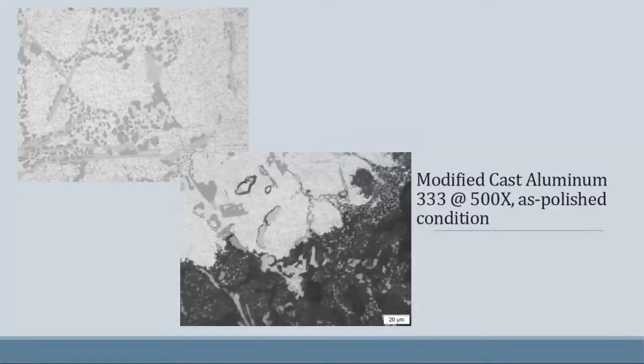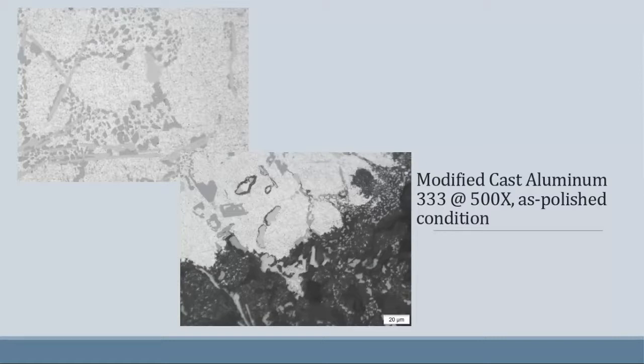Well, let's look at this material. This is a modified cast aluminum 333, which is a 300 series aluminum casting. And it was modified with the addition of magnesium. Now, this was actually a failure project that I worked on from the refinery.